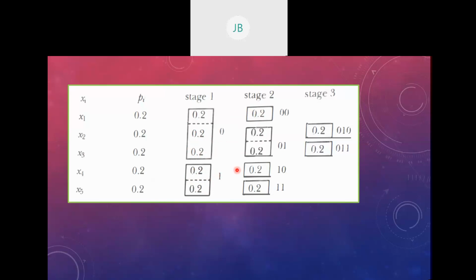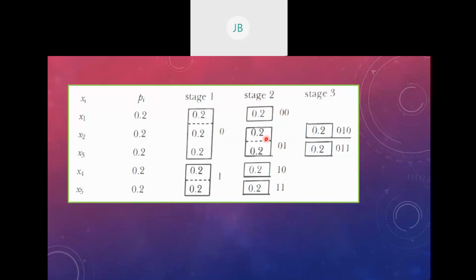So the first element goes to the top group and the second element goes to the bottom group. And then we will do the coding here. You may notice here, the elements in this group have a code of 0 in the first stage. So that will be carried forward in the second stage also. Here, 0.